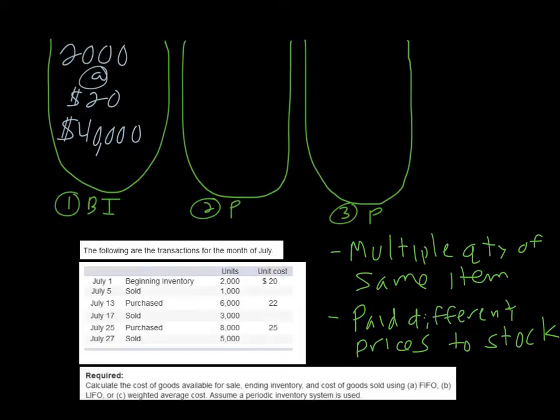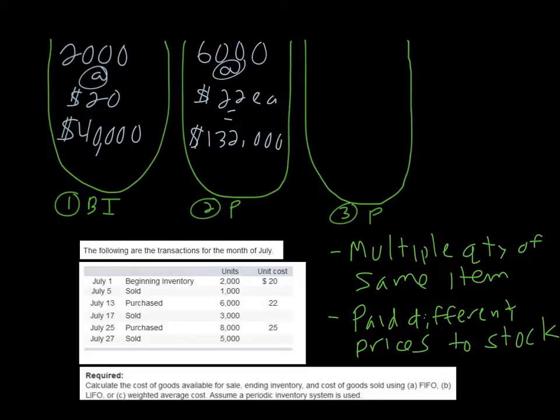The next purchase was when? Looks like July 13th here, and let's put that in a bucket. I bought 6,000 copies of the video game, and that's at $22 each. 6,000 times $22 gives $132,000.